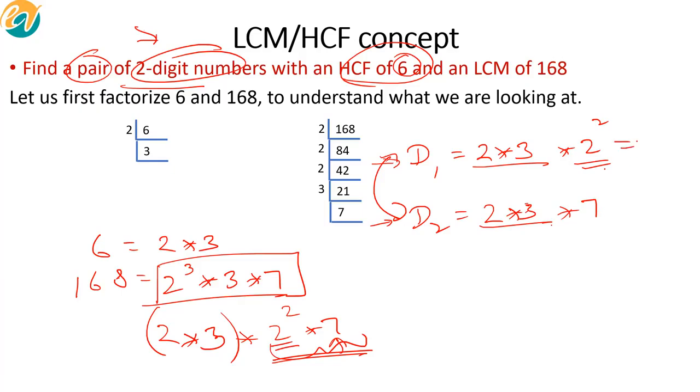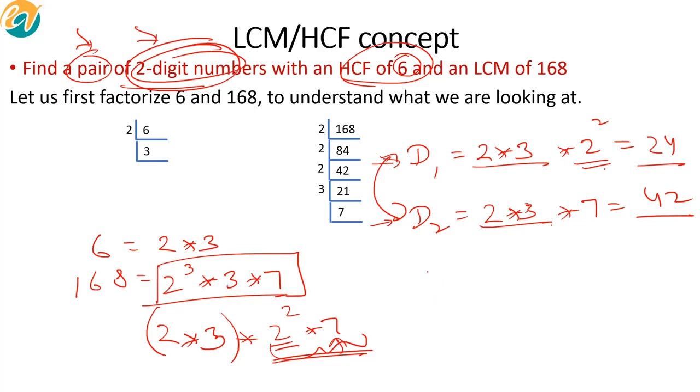So this makes this number 2 into 3 into 2 square, which is 24, and makes this number 42. So now notice we do have a pair of two-digit numbers, right?